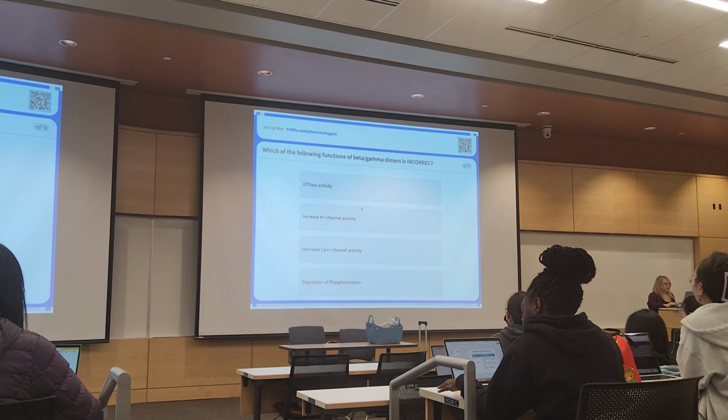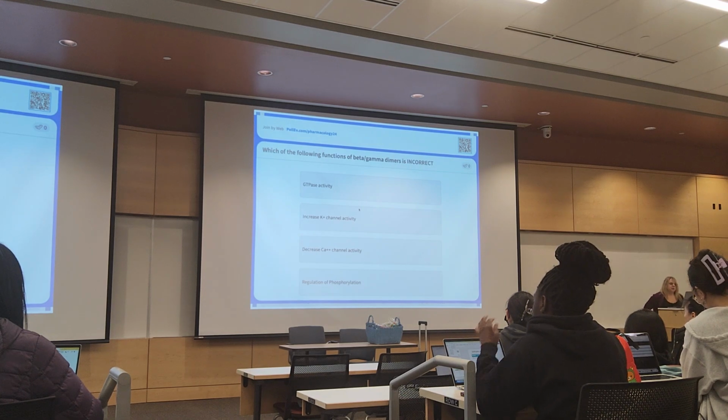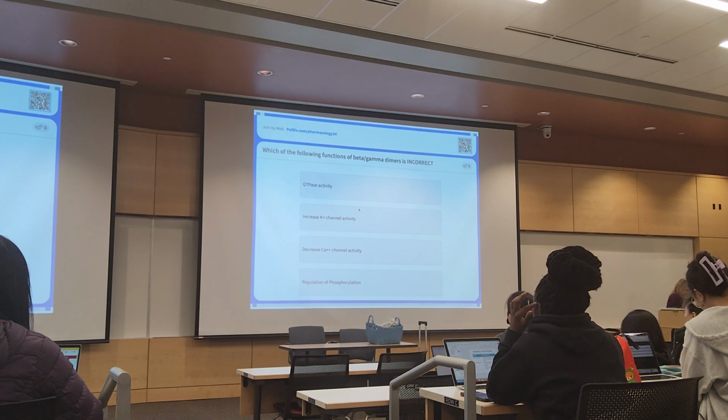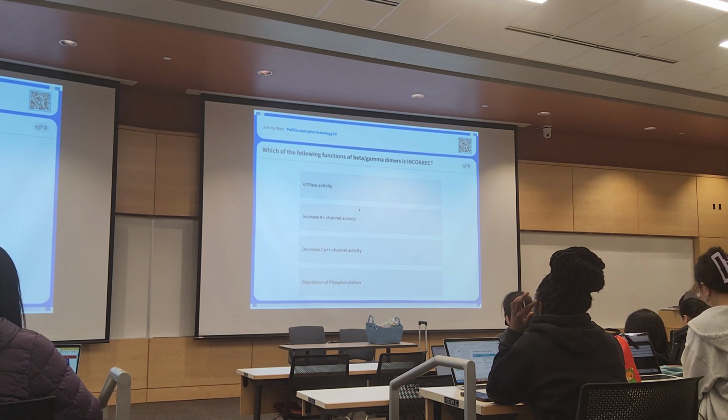Okay, next question. Which of the following functions of the beta gamma dimers is incorrect? What do you guys think? Which one is incorrect?